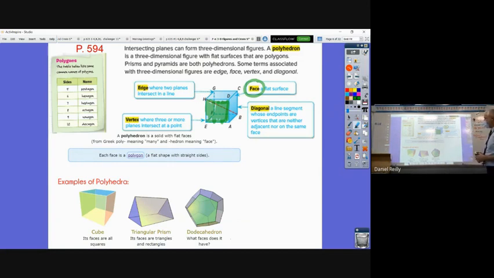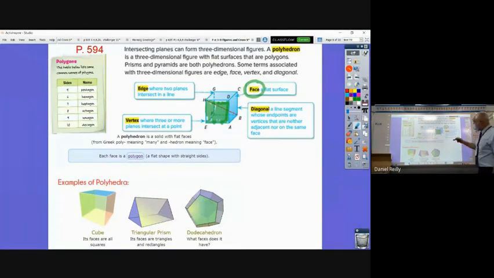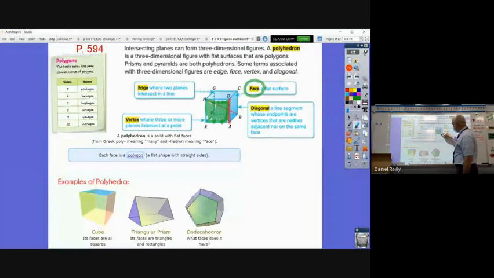Okay, then you have edges. Edges are the lines where two planes come together, where two planes intersect. Like that line there is an edge. Okay, so is this one. So is this one. Those are edges. Then the shape has vertices.